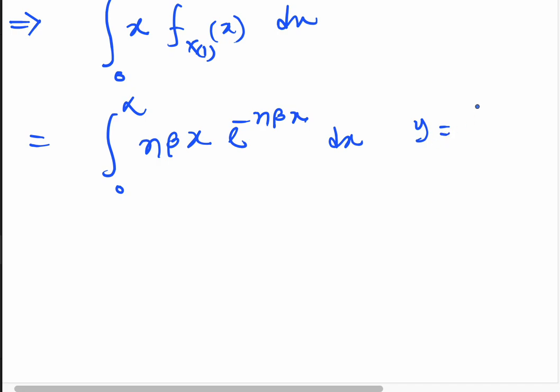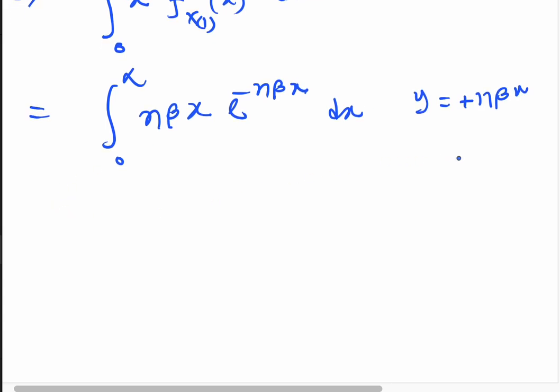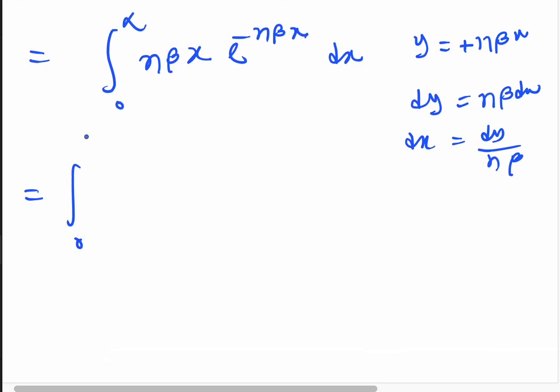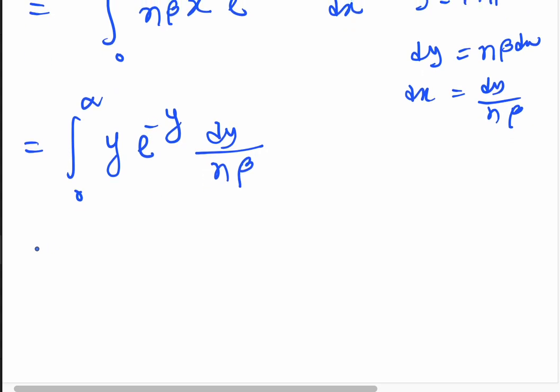Let y equal minus n beta x, then dy is n beta dx, so dx is dy by n beta. That gives 1 by n beta times the integral of y e to the power minus y dy. Let's integrate by parts.